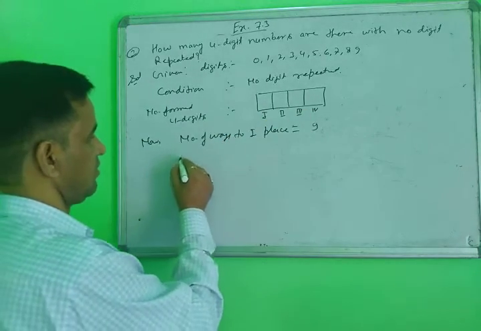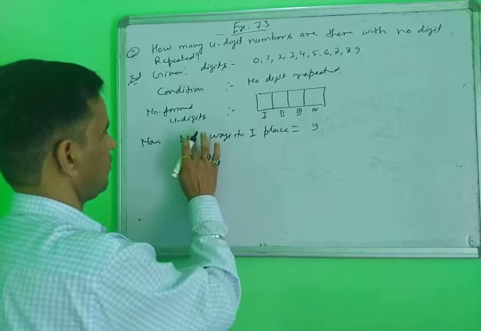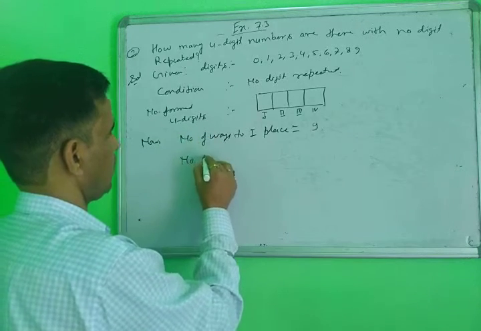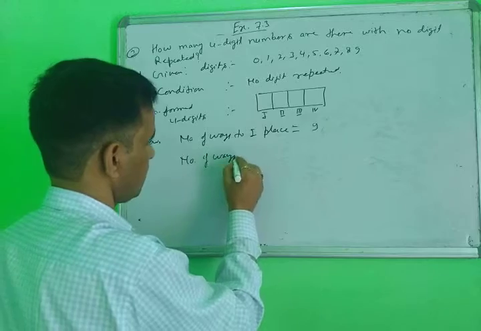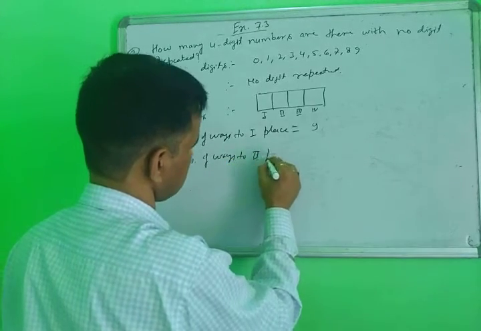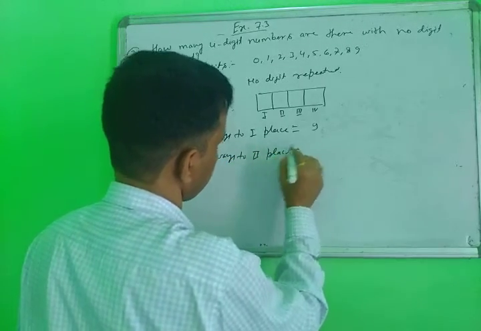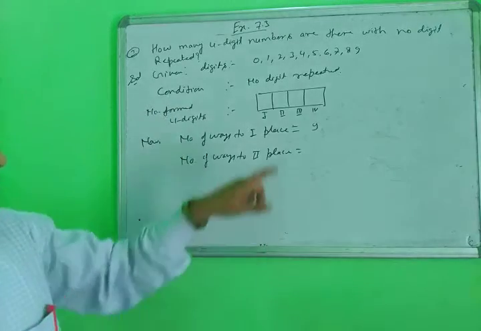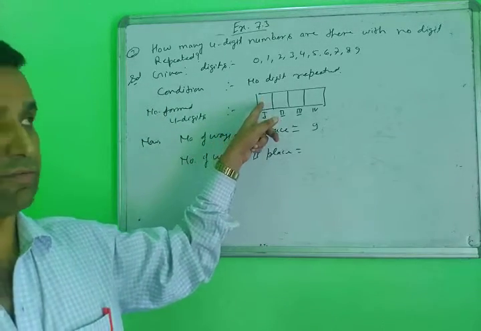Second, the number of ways to fill the second place. Check this: the first place you fill in only 9 ways, but in the second place you can fill 0 also.